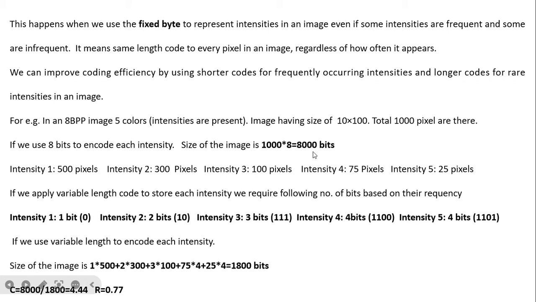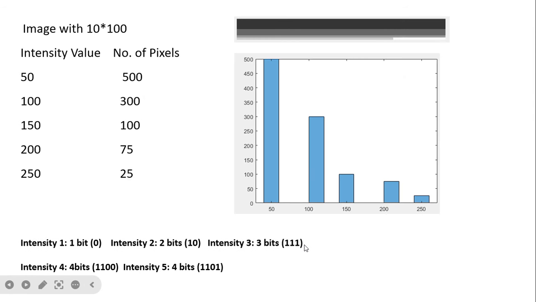The original size is 8000 bits and the compressed size is 1800 bits. If we calculate the coding compression ratio, it becomes 4.44. That is, the original image is 4.44 times larger than the compressed image, and we are getting data redundancy of 77%, that is, data can be redundant in an image.